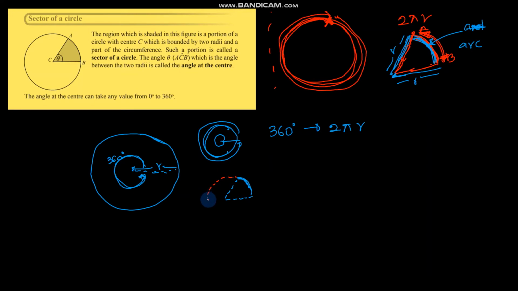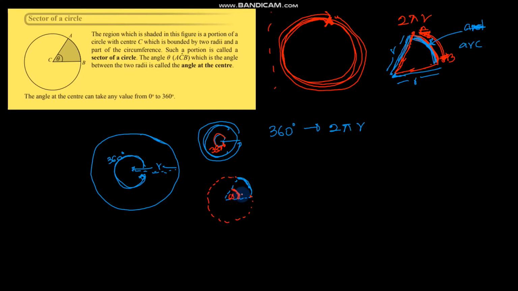Now my circle shapes are not the best, but you can get the idea. As I mentioned, for the entire circle the angle is 360 here, but for the arc portion it is just, let's say, 60 degrees, right?